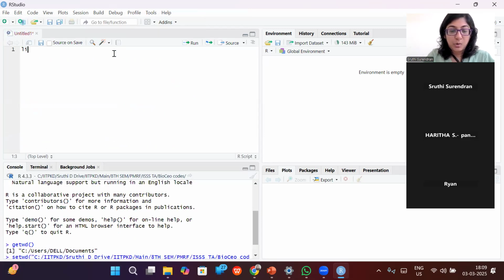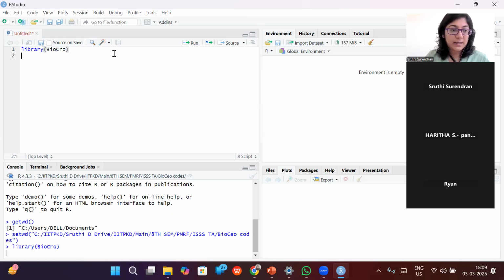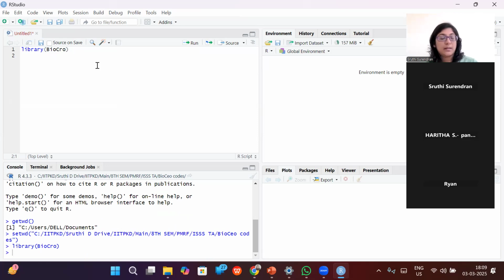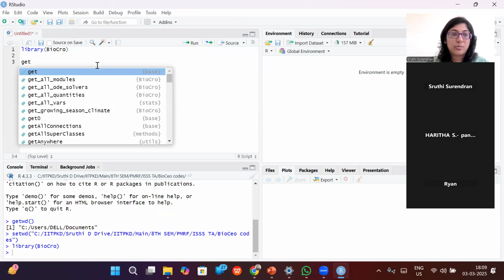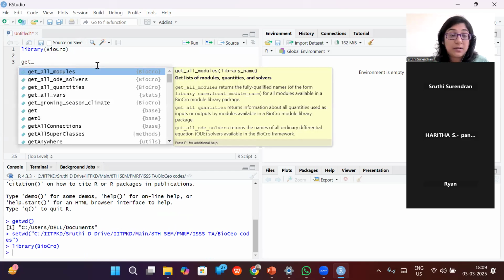The first step is to load the BioCro library, which is basically the BioCro model. And I'll run it. You can either run it using CTRL plus enter, or you can click on this run button to run a particular line. Now after that, I'm going to see which module in BioCro is dealing with the Ballberry equation.